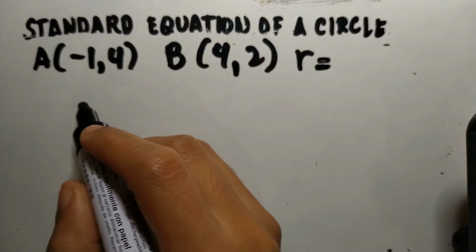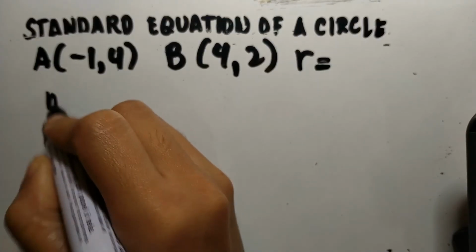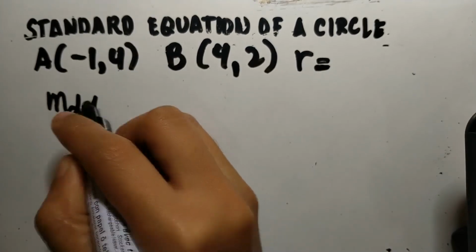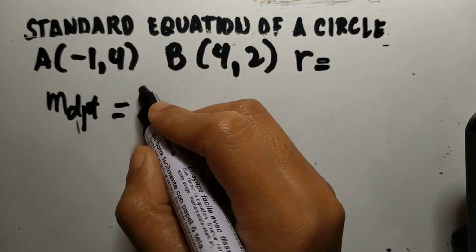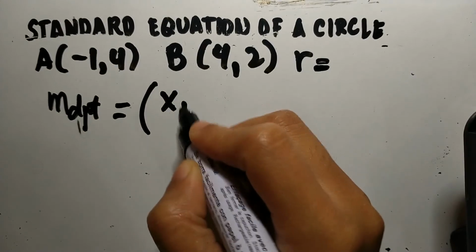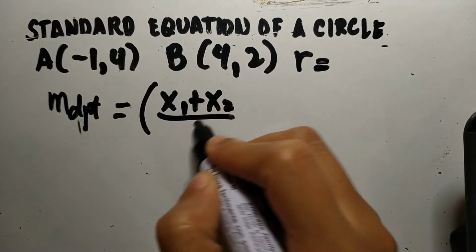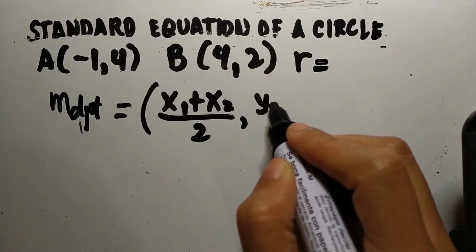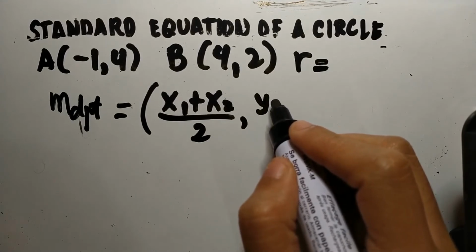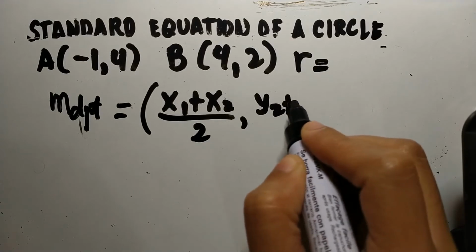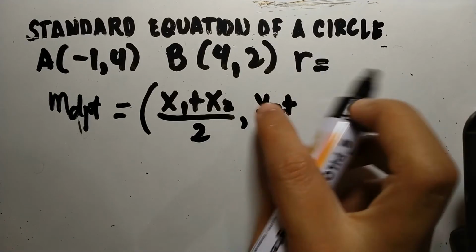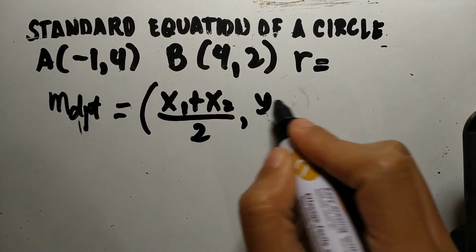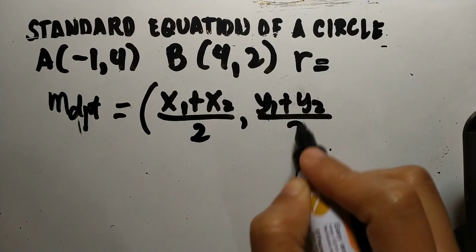So, the midpoint formula is equals x sub 1 plus x sub 2 over 2, y sub 1 plus y sub 2 over 2.